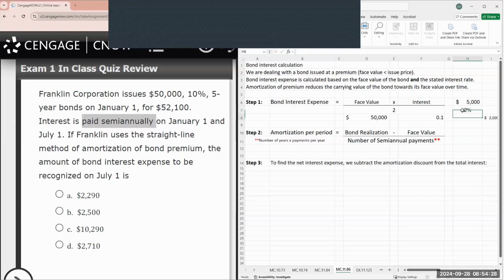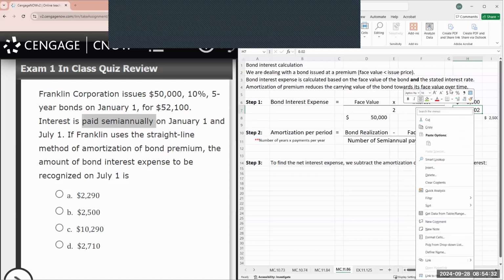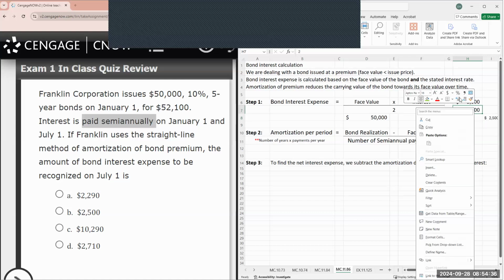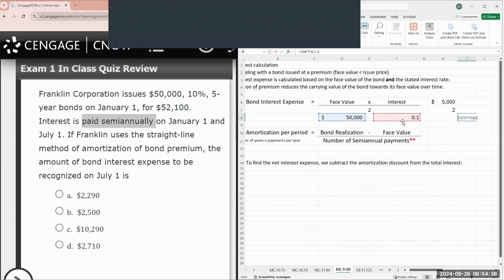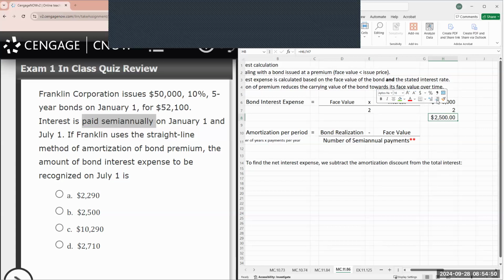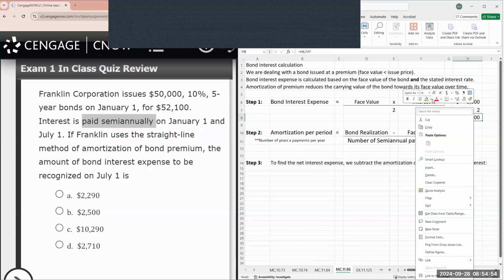But again, payments are being made twice a year. So therefore, the amount that is going to be paid every 6 months is 5,000 divided by 2. 2,500 is going to be paid every 6 months for a total of $5,000 per year. So we'll put this in yellow because we're going to use this again.